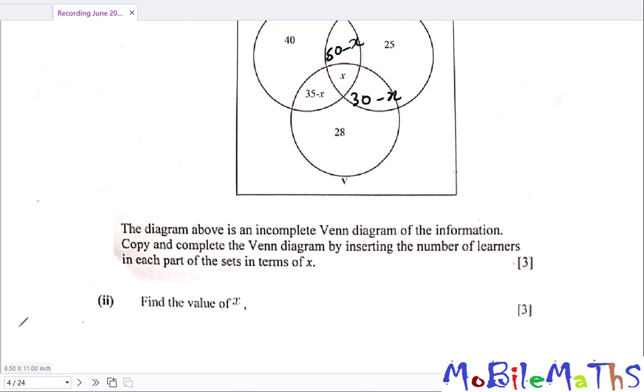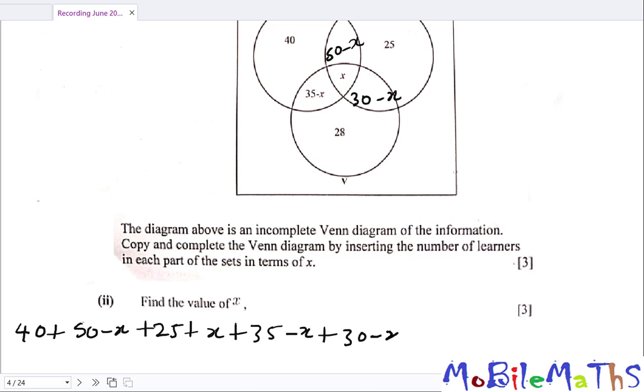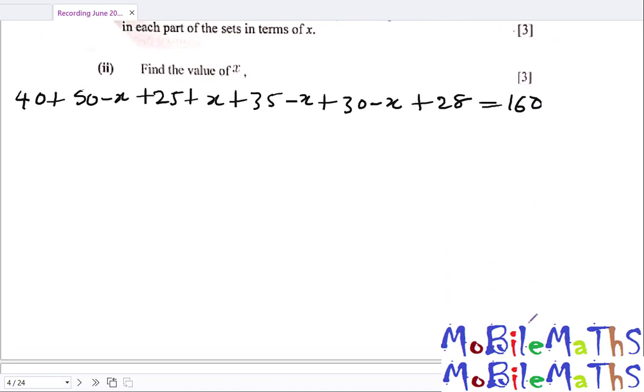So I've got 40 plus 50 minus x, then plus 25 plus x, plus 35 minus x, then plus 30 minus x, then plus 28. Then all of this should give me 160.